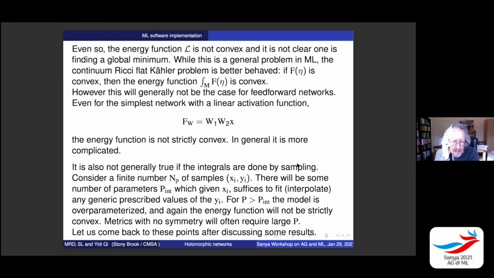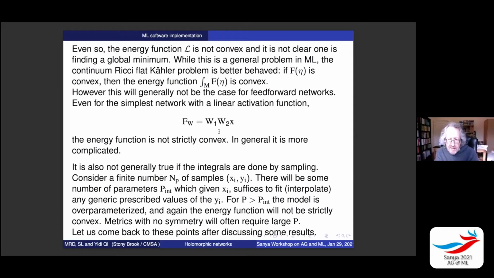And this is the first point where this question of overparameterization comes in, because what you need to compare is not just how many parameters the model has, but how many points you evaluate it at, and how many conditions the minimization puts.